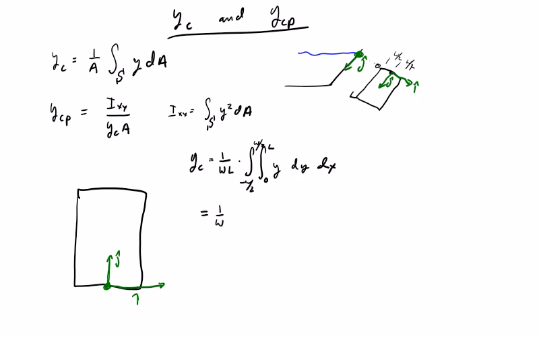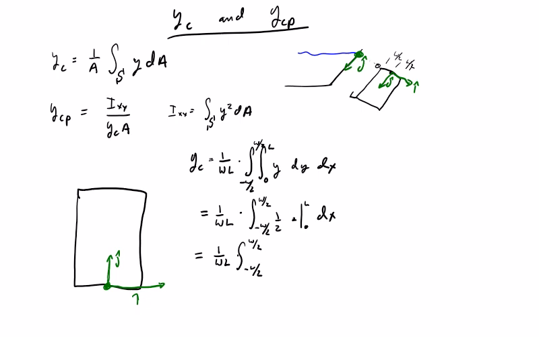Okay? So 1 over WL times, and now you might remember how we do this, but let's just go through it. The integral from minus w over 2 to w over 2 of the integral of y, which is 1/2 y squared, evaluated from 0 to L, dx. So this equals 1 over WL times the integral from minus w over 2 to w over 2. You guys got to catch me when I do things wrong.